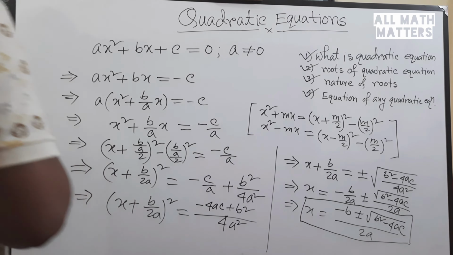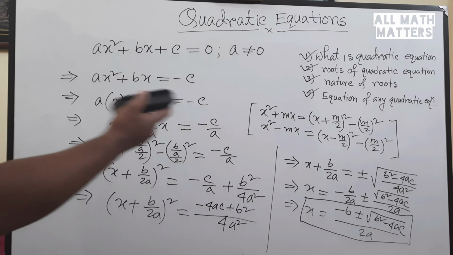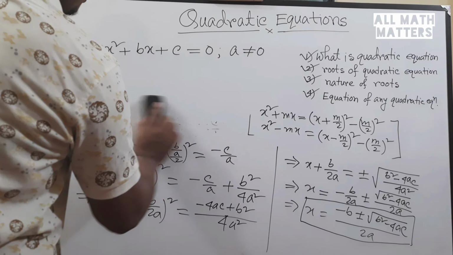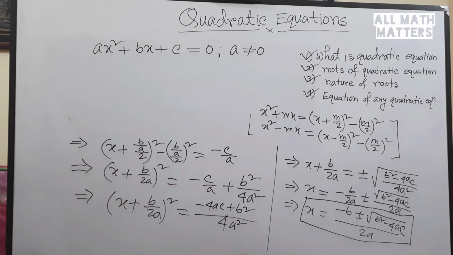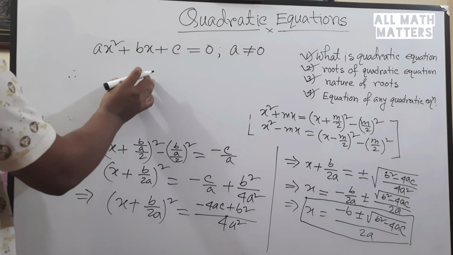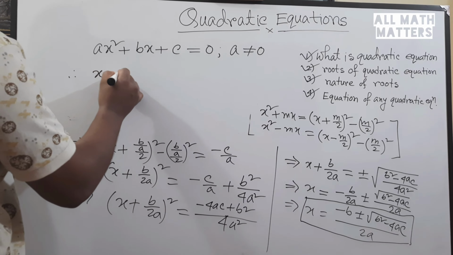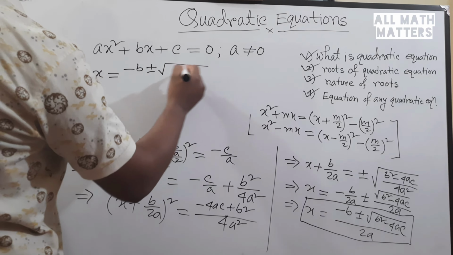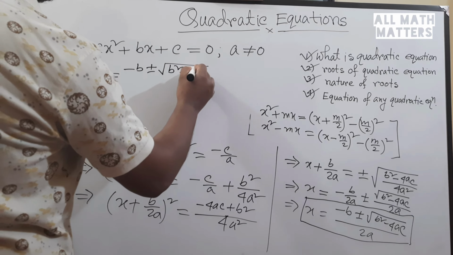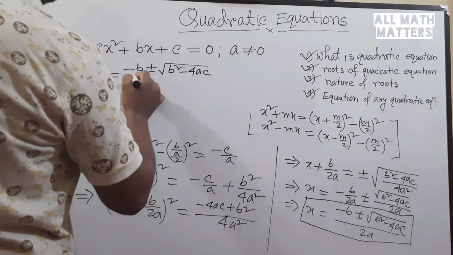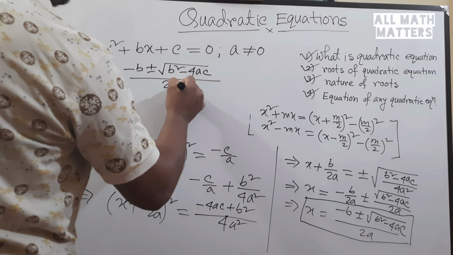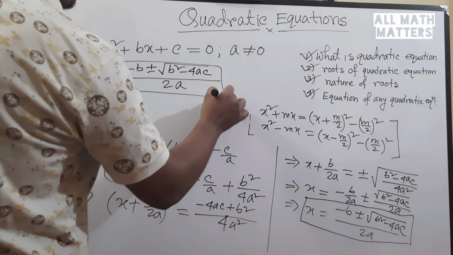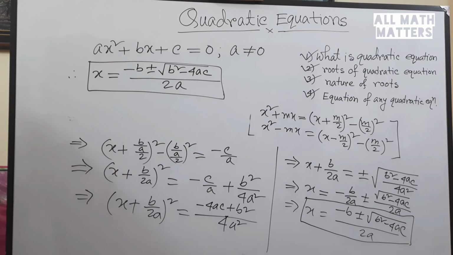So for any quadratic equation we can write x equal negative b plus minus root over b square negative 4ac over 2a. So this is the formula for finding the roots of a quadratic equation.